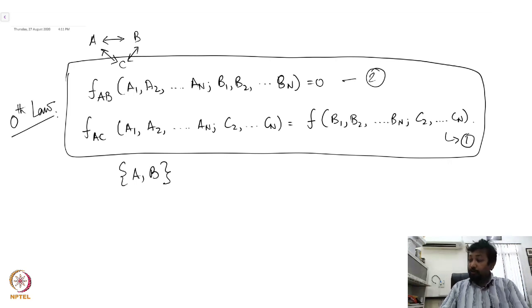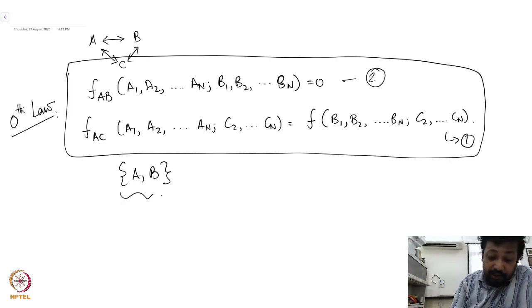So therefore, it follows that any variation in A and B which you make as you move along this manifold, which is defined by equation 2, equation 1 must remain valid. Hence, you conclude that the equilibrium, the zeroth law, these two equations together must tell you that there must be an equation.